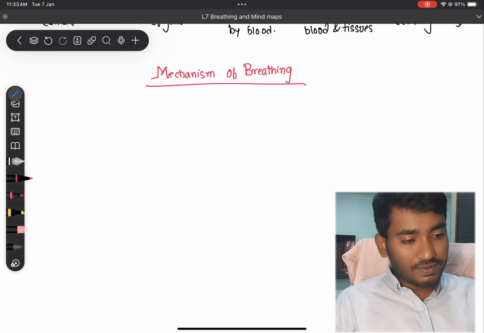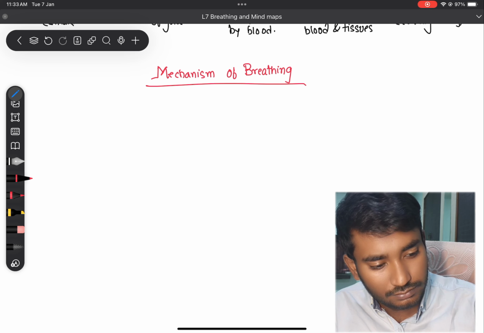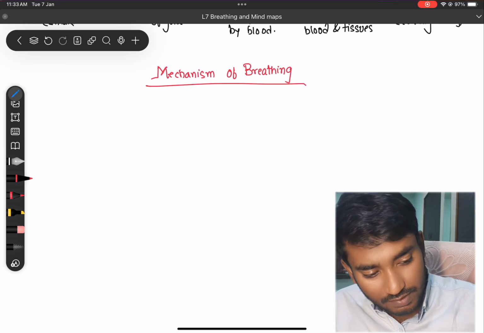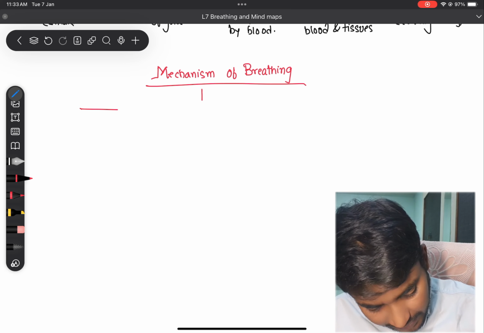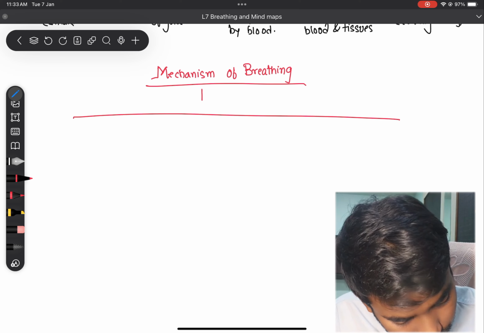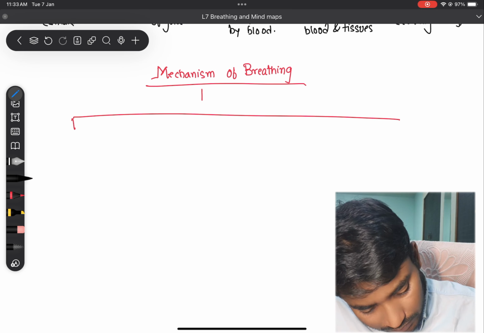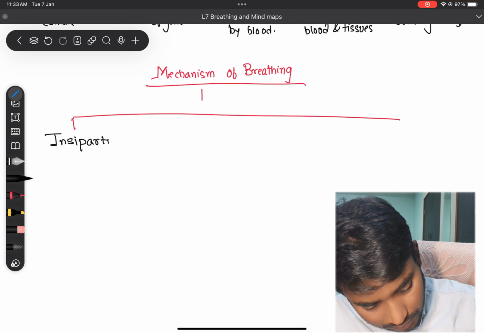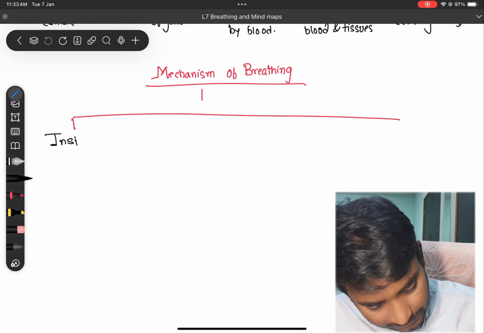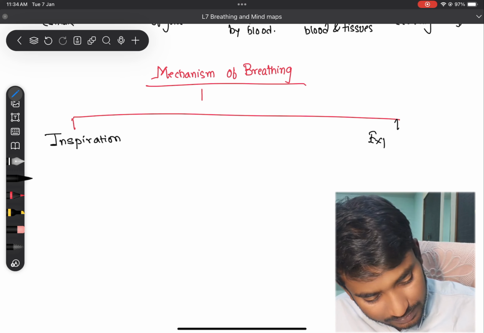Mechanism of breathing. What happens in the mechanism of breathing? The mechanism of breathing contains inspiration and expiration.